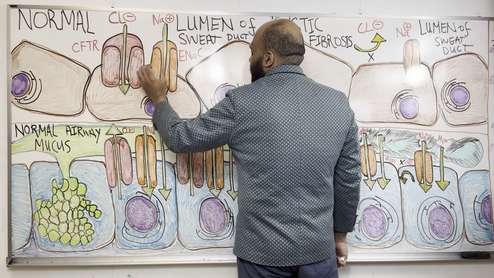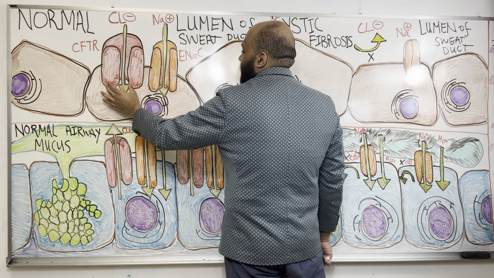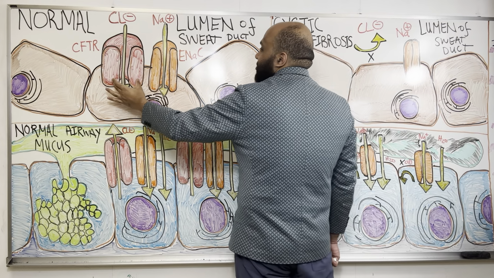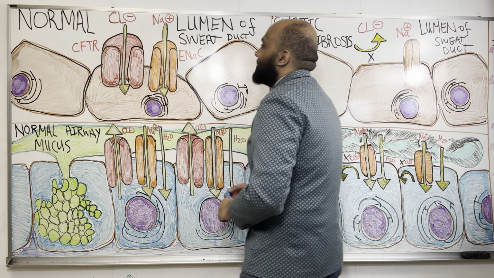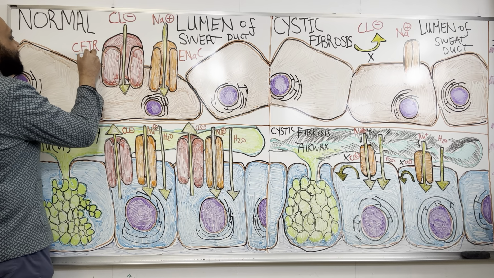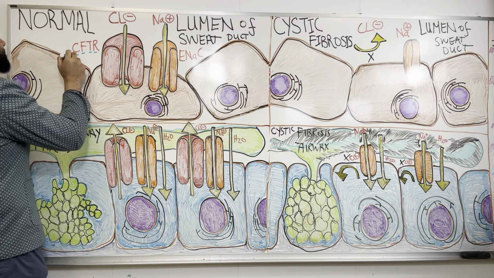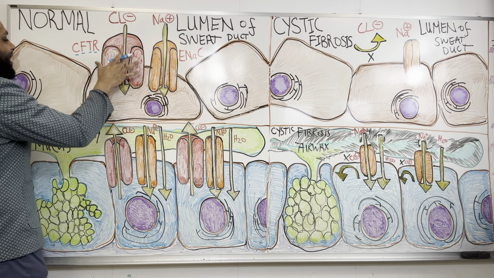There are two kinds of channels on the surface of the sweat glands. The first channel is the red channel, known as the chloride channel. That is the CFTR channel, known as the cystic fibrosis transmembrane regulator.